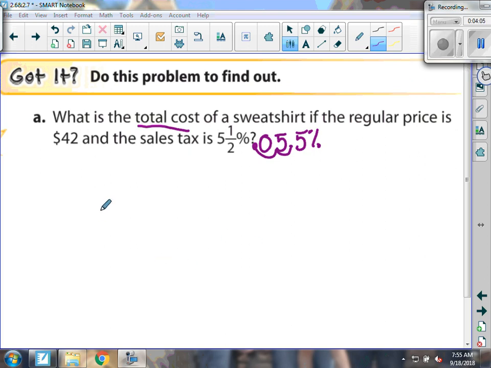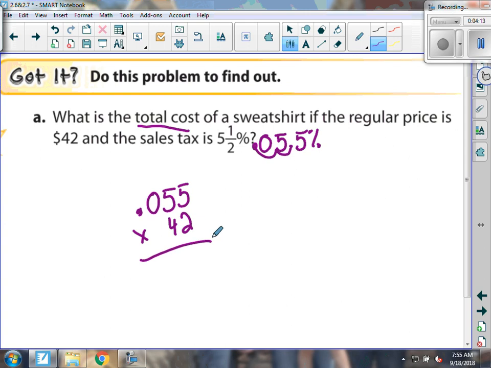Okay, so check your answers. So we're going to multiply 0.055 times 42. So we have 2 times 5 is 10. 2 times 5 is 10, plus 1 is 11. 2 times 0 is 0, plus 1 is 1. 4 times 5 is 20. 4 times 5 is 20, plus 2 is 22. 4 times 0 is 0, plus 2.